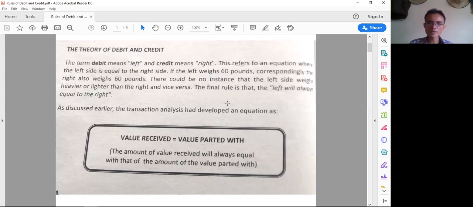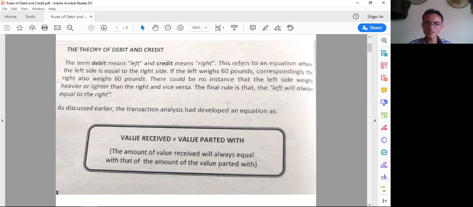Debit comes from a Latin word, debere, spelled D-E-B-E-R-E, which means left, and has an abbreviation of DR. That's why you will see it in a lot of textbooks and other materials with DR, which means debit because of the Latin origin, debere.